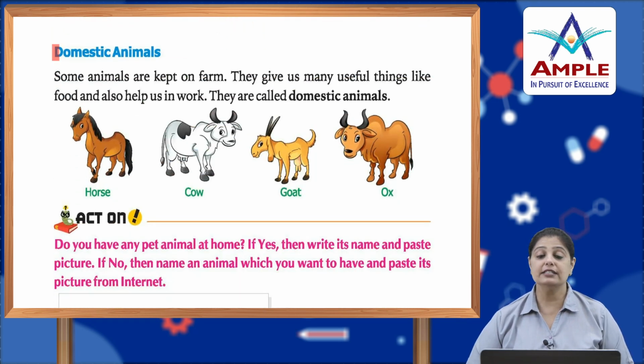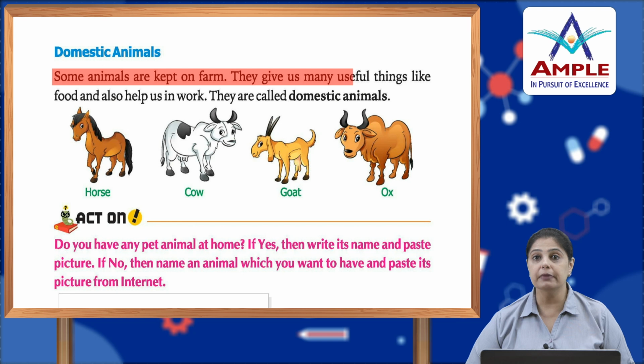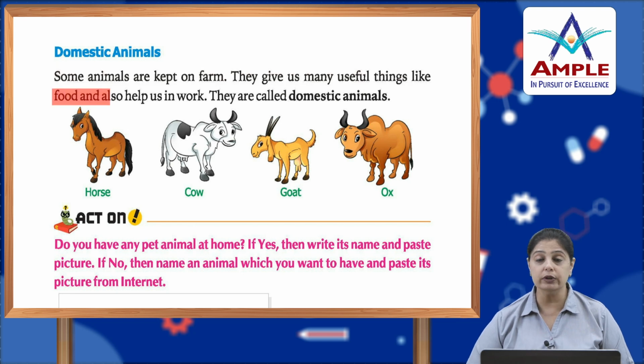Now, let's talk about domestic animals. Some animals are kept on farms. They give us many useful things like food and also help us in work. They are called domestic animals. These animals are generally kept on farm: horse, cow, goat, ox.